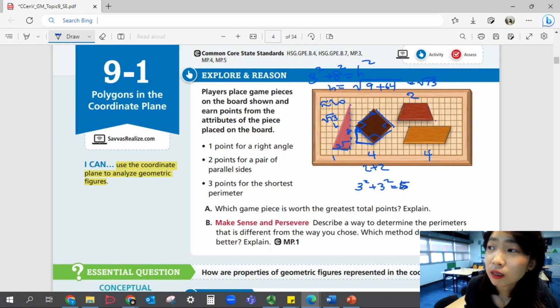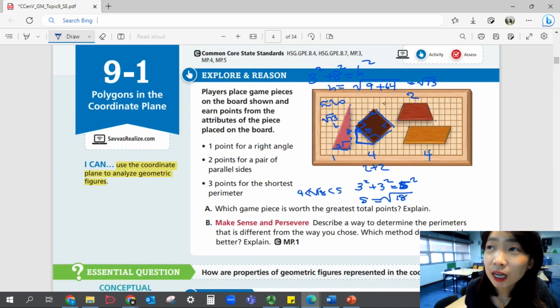Let's call it S. Then S is equal to the square root of 9 plus 9, which is 18. The square root of 18 is between 4 times 4, which is 16, and 5 times 5, which is 25. So the square root of 18 is greater than 4, less than 5, but it's closer to 4. So maybe that's about 20 as well.